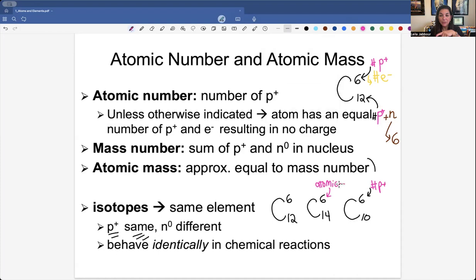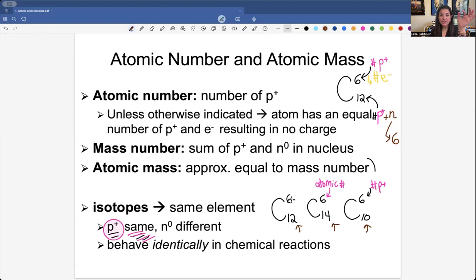The atomic number is the number of protons, and they're all the same. So isotopes have the same number of protons. What's different between them is the number of neutrons.